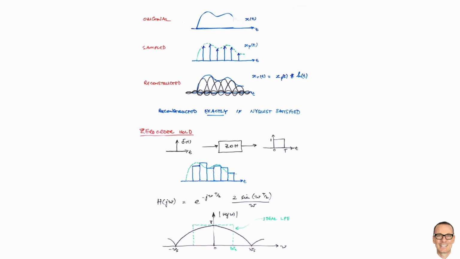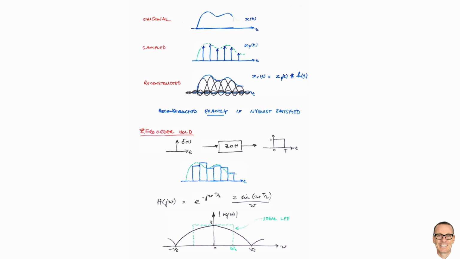Because in the frequency domain, that's what the filter is doing, you're multiplying by that ideal low-pass filter. What that means is in the time domain, you are convolving with a sinc function. And when you convolve with a sinc function, the sinc appears at the locations of the deltas.